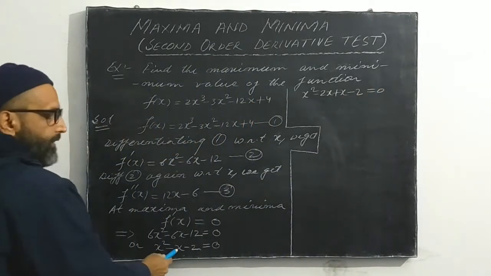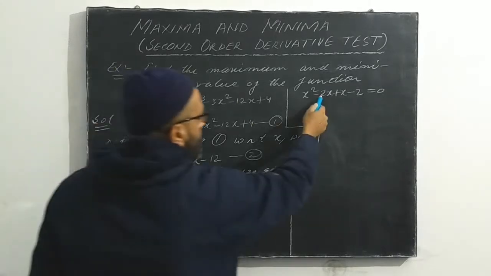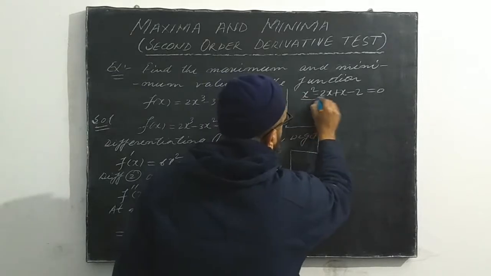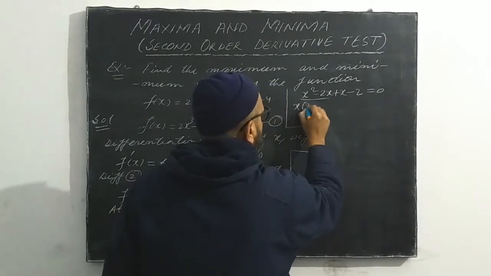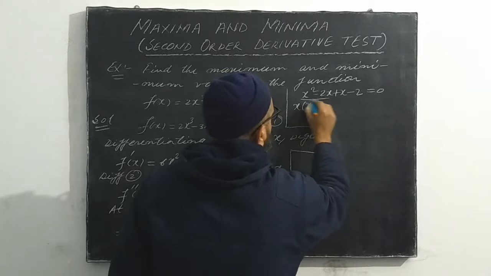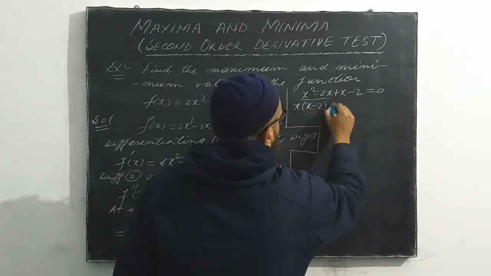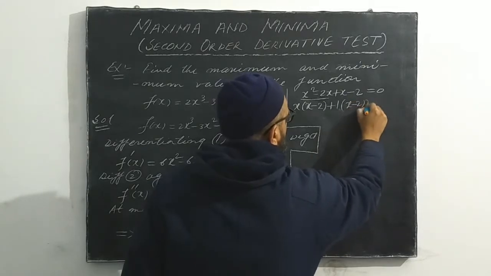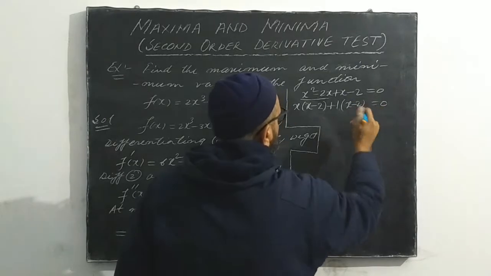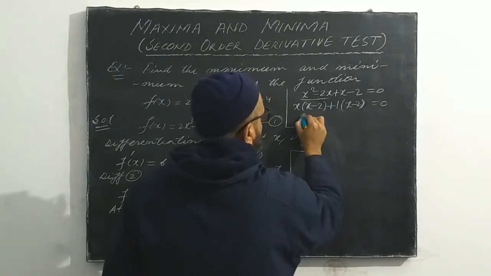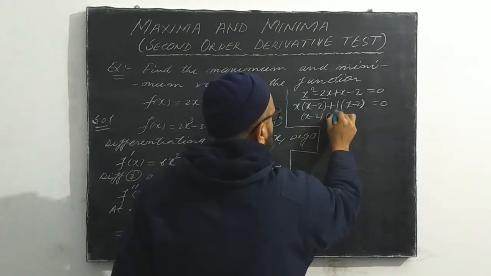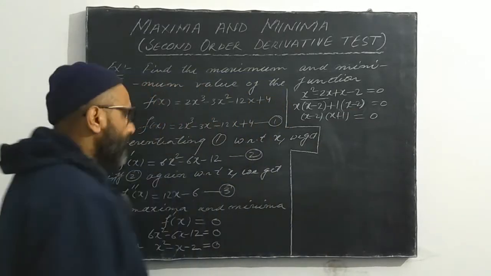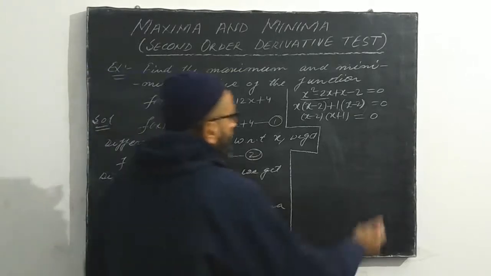Here we have written minus x as minus 2x plus x in order to factorize it. Now out of the first two terms we may take x common. Inside the bracket we get x minus 2. In the next two terms 1 is common, so we get x minus 2 in the bracket, equal to 0. Now x minus 2 bracket is common, x minus 2, x plus 1 is equal to 0.